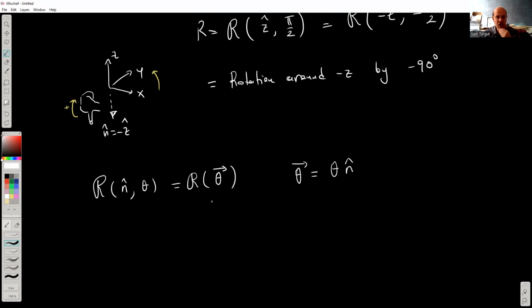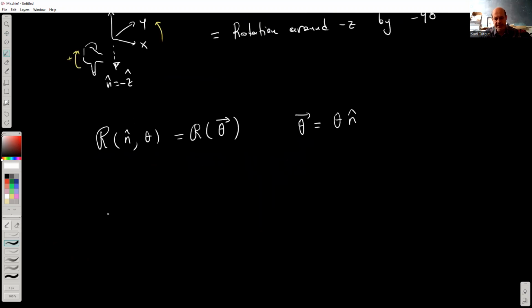That's going to be a nice conversion, because by using this vector, we can do lots of different things. This is a vector whose magnitude gives us the angle of rotation and whose direction gives us the rotation axis. There are still ambiguities in here. A rotation by 0, the zero vector, is the same thing as identity.